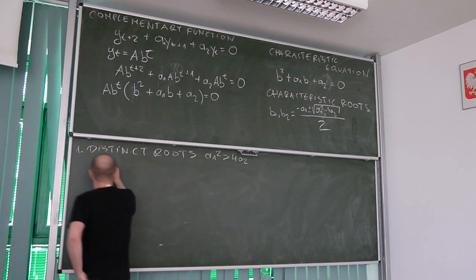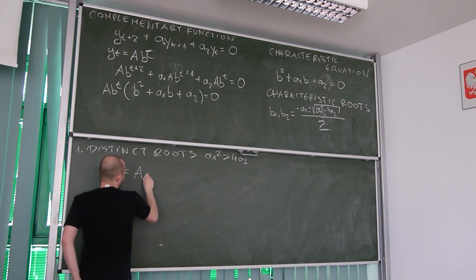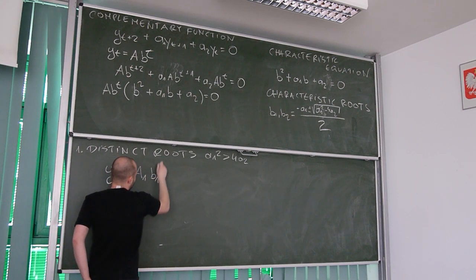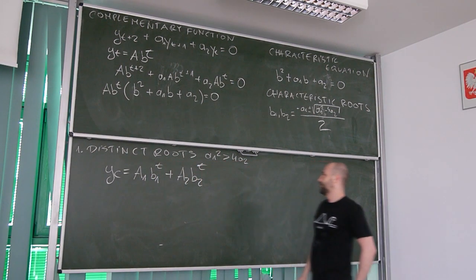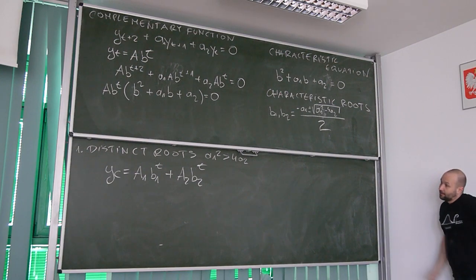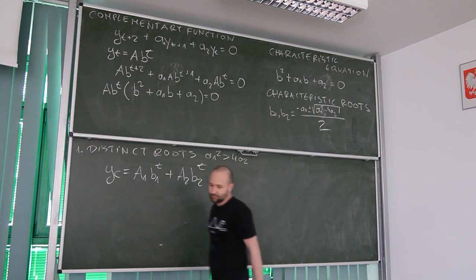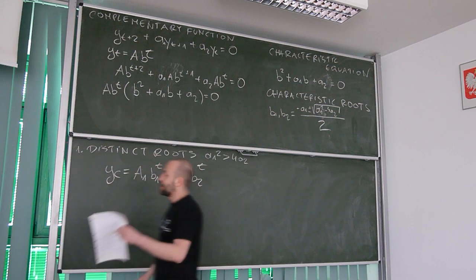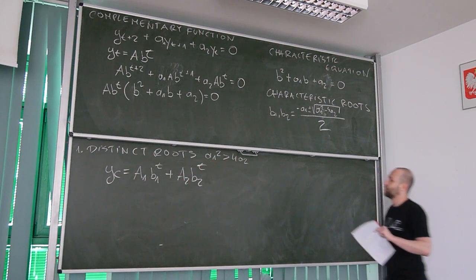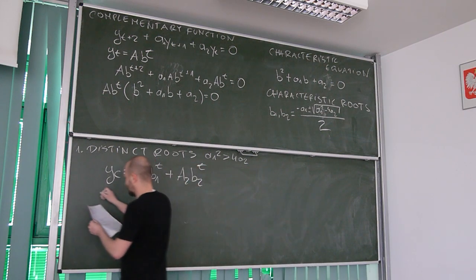Well, here complementary function is simply a1 b1 to the power of t plus a2 b2 to the power of t. As you see, the case is extremely similar to what we've seen in the case of differential equations. Okay, let's try with an example.